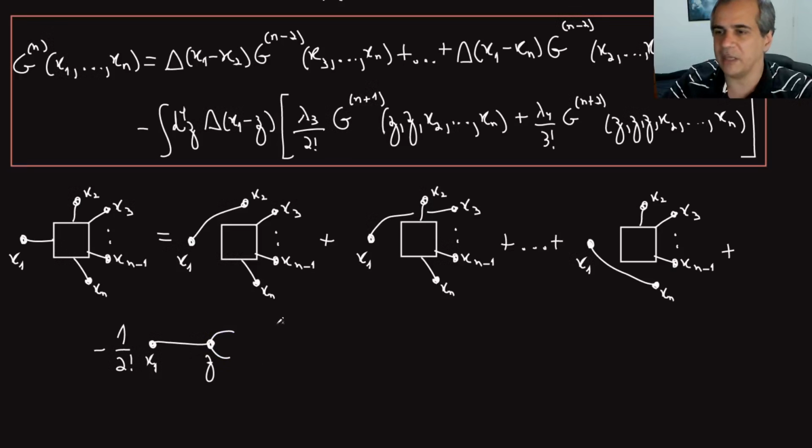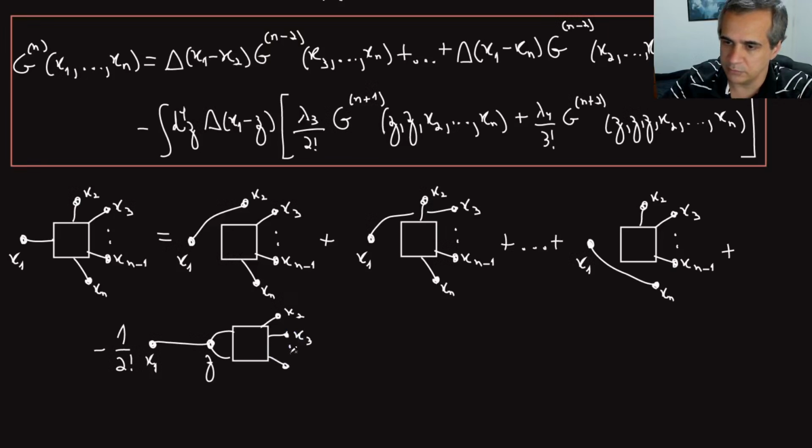There's a complicated diagram here, but two of its lines go to the same point, this point Z. And then I can put the box here to represent this sum of very complicated diagrams that also depend on all the other points. So x2, x3, all the way to xn minus 1 and xn.